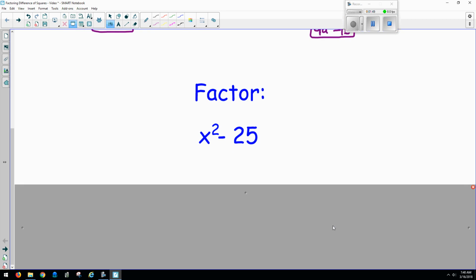So we're just going to sort of generalize that here and go backwards. So we have two perfect squares, we're subtracting, so we're taking the difference. And if we're going to factor that, this is in the form of a squared minus b squared. We're going to figure out what the square root of a squared is.